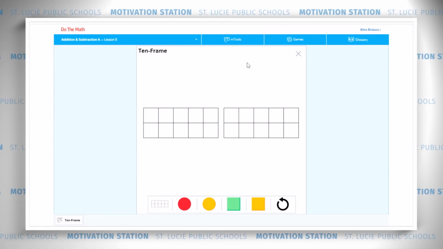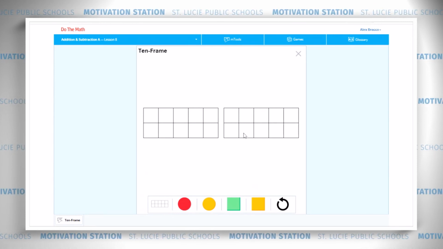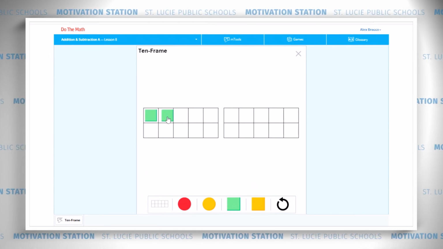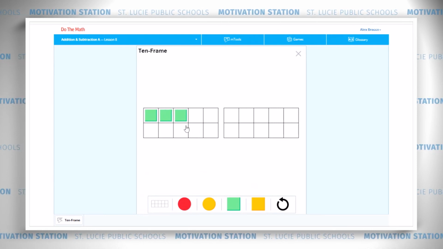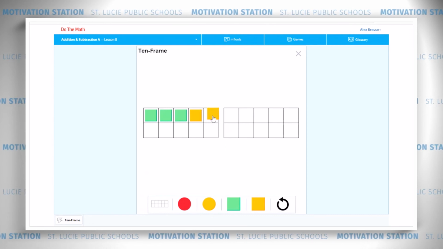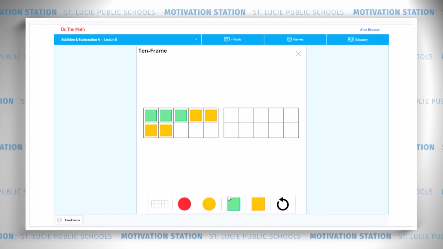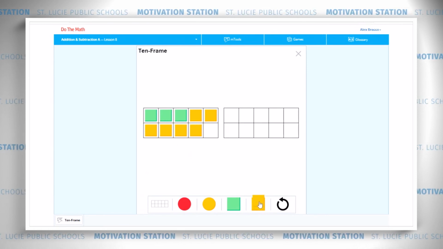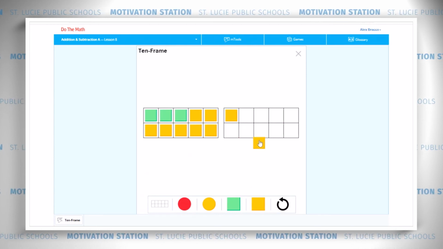So in our first word problem, there are 3 drummers. Let's let our green represent the 3 drummers. There are 9 bears. 1, 2, 3, 4, 5, 6, 7, 8, 9.